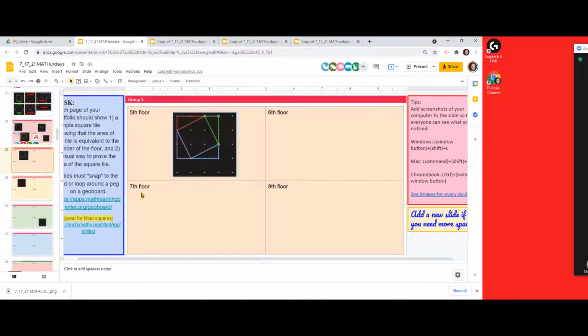Hey folks, I'm so curious about the color coding that you did for the 5th floor. I know you're up on 3, so I don't want to derail you too far, but why did you use those 4 different colors? What does it show us? I think that was me. I was just trying to show 4 different 1 by 2 right triangles.